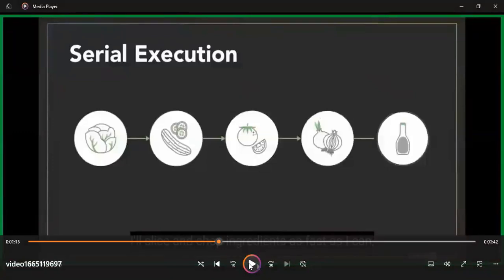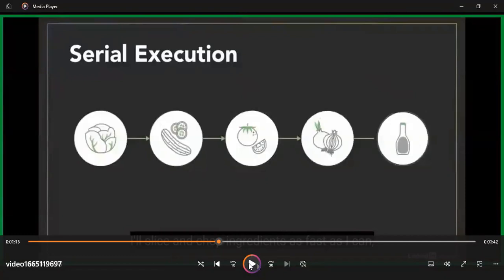There is no overlapping between them. This is how software has traditionally been written, and it's how new programmers are usually taught to code, because it's easy to understand, but it has its own limitations also.